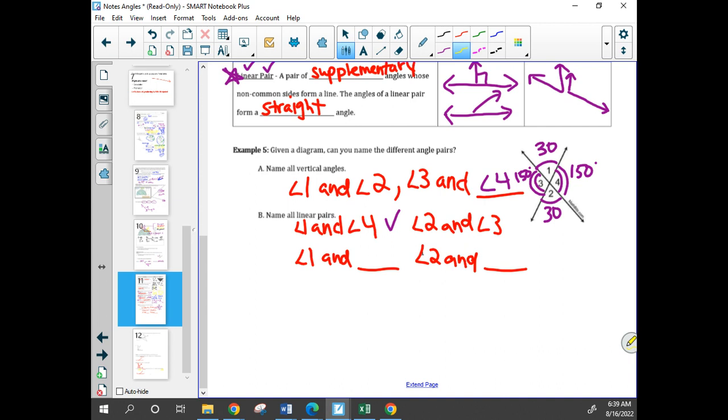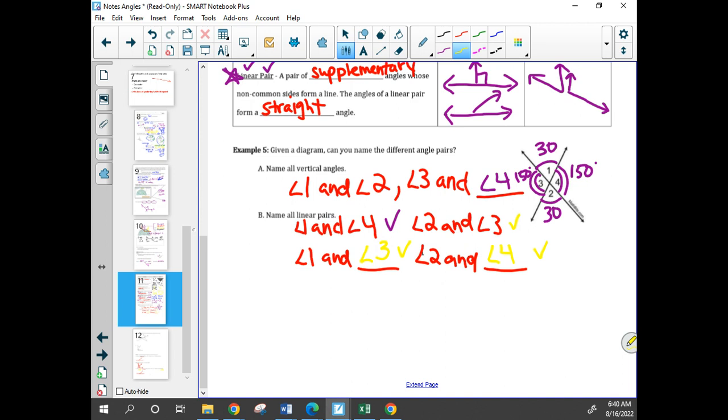Angle 1 could also go to the left direction to make a straight line, so we could do angle 1 and angle 3. So I'll check that one off. Angle 2 and 3, so going up from angle 2 to the left, that makes a nice straight line, and then 2 to 4 also makes a straight line. And just double check. You only have so many options because at an intersection you only have so many options.